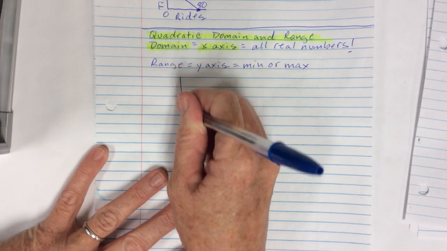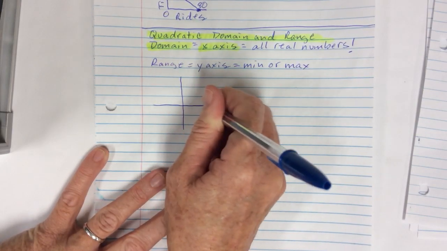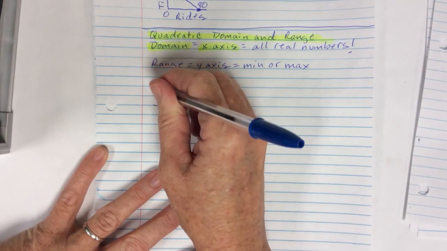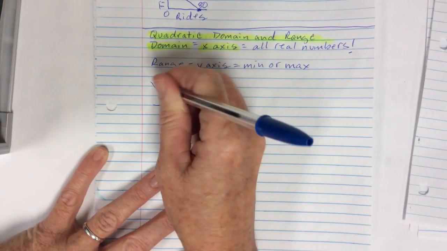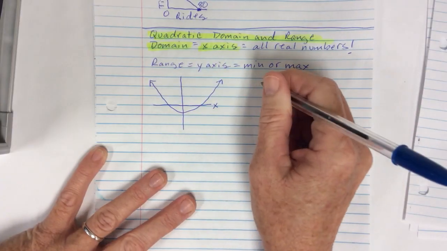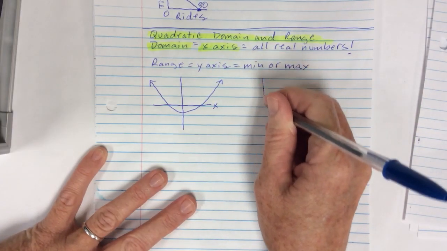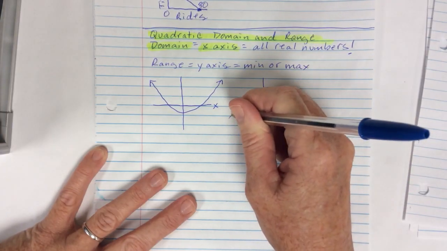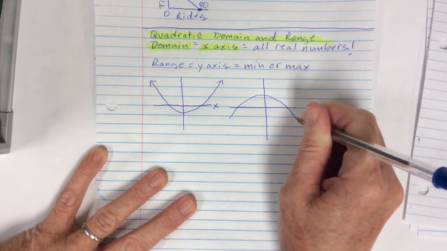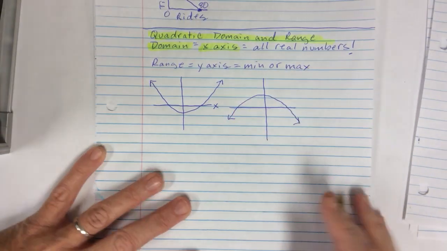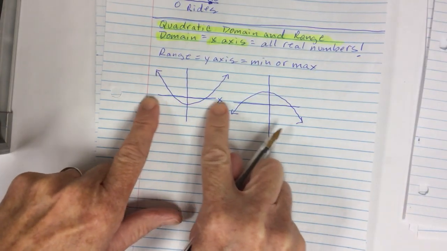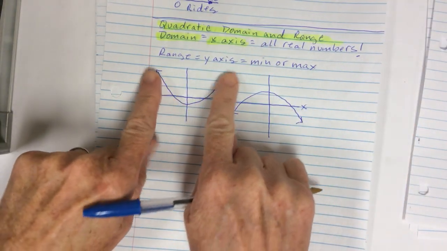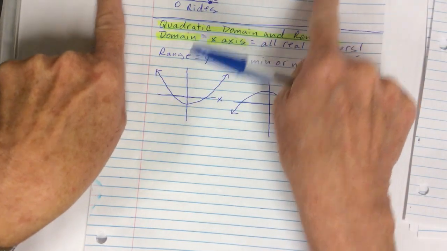Here's two graphs, that could be it. Here's your x. There's your parabola. It could also be going down. Okay? The reason it is all real numbers on the x-axis is because as this keeps going, it's going to keep going out.